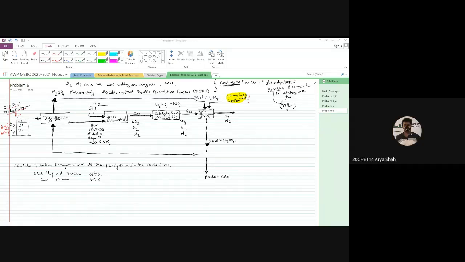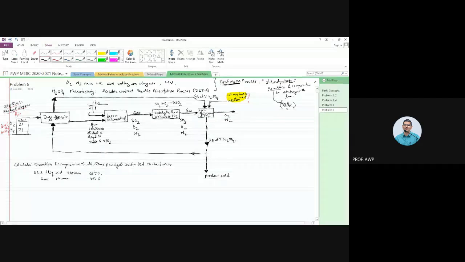Is there any other extra arrow that I am showing? Is there any other extra arrow that is shown for 93 weight percent? All the arrows are indicating all the streams that are coming in. This stream is going straight away here. Is there any extra fresh 93% we are adding? Is there any other arrow that you are seeing?